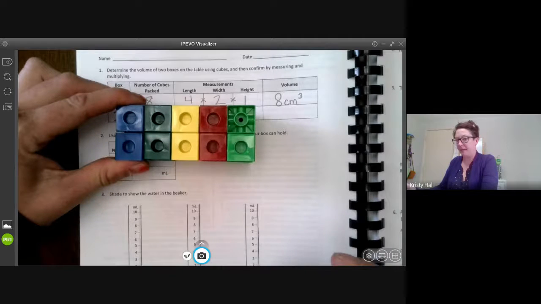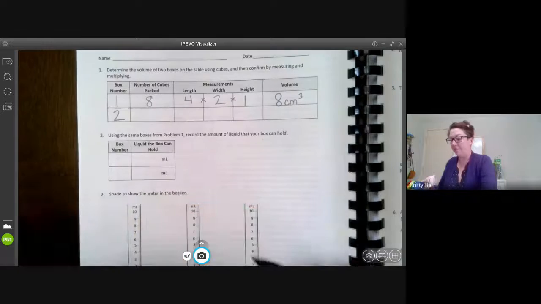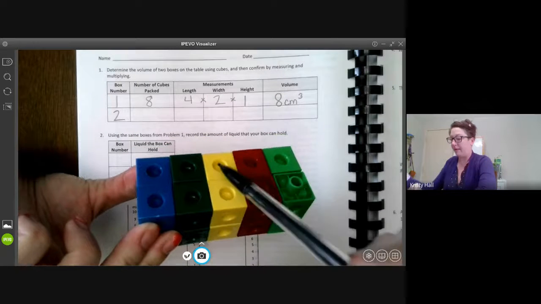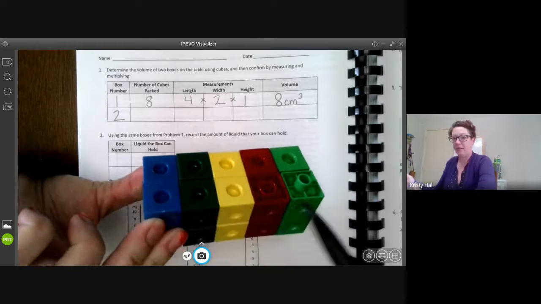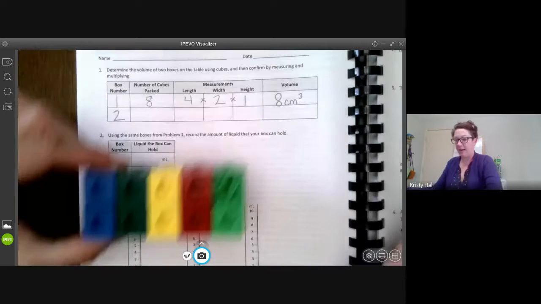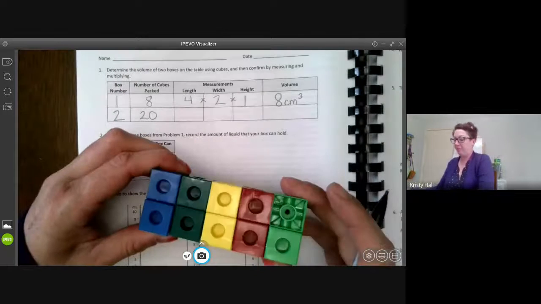Did you count 10? I counted 10. And then down here on the bottom, I also have 1, 2, 3, 4, 5, 6, 7, 8, 9, 10. So 10 in this layer, 10 in this layer. I had 20 cubes.